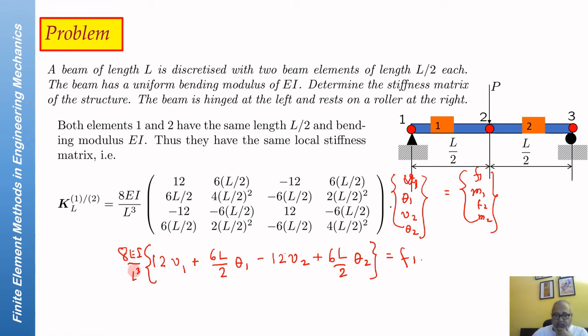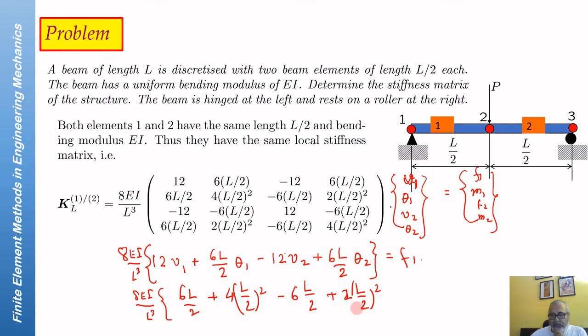And M1 would be 8 EI by L cube into 6L by 2 plus 4L by 2 whole square minus 6L by 2 plus 2L by 2 whole square equal to M1.